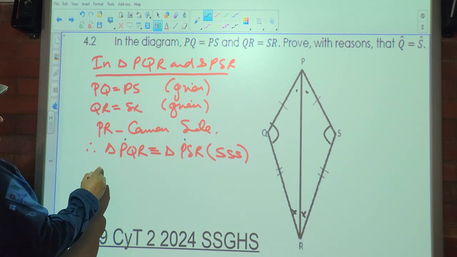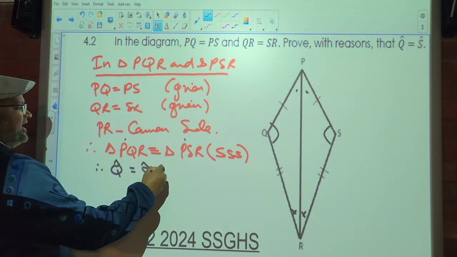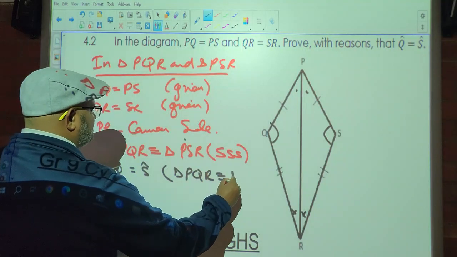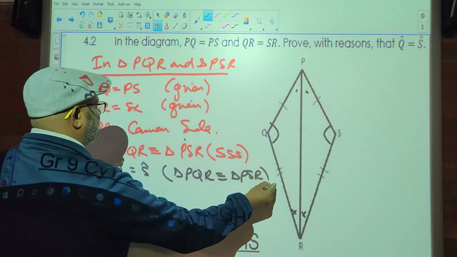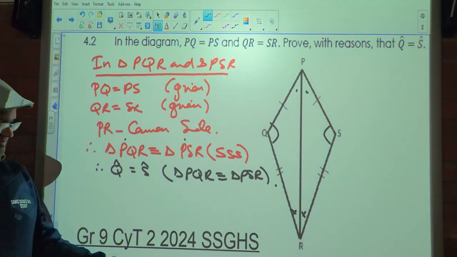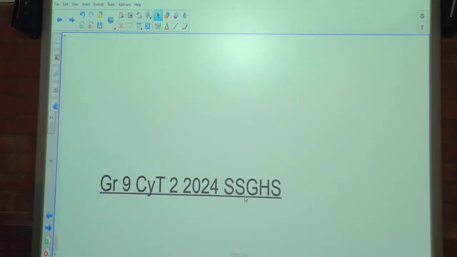So now we can say therefore angle Q is equal to angle S. Why? Because triangle PQR is congruent to triangle PSR. That's how you get your fifth one. Let's carry on.